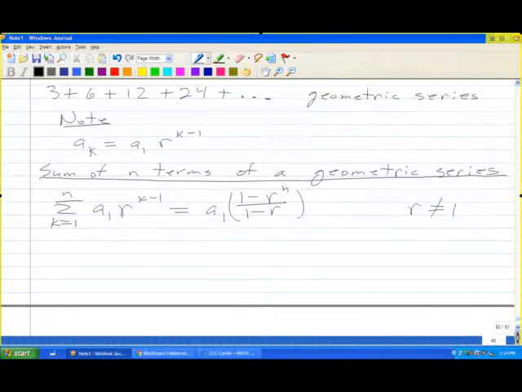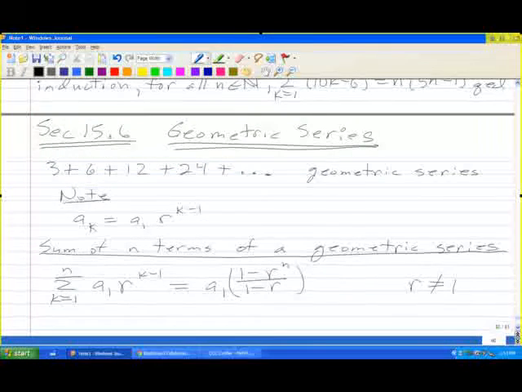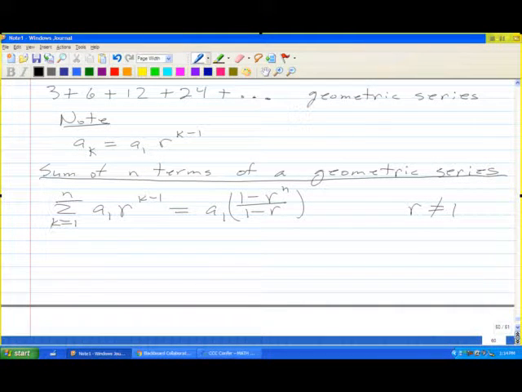And so let me derive this. Let S of n just denote the sum of the first n terms.